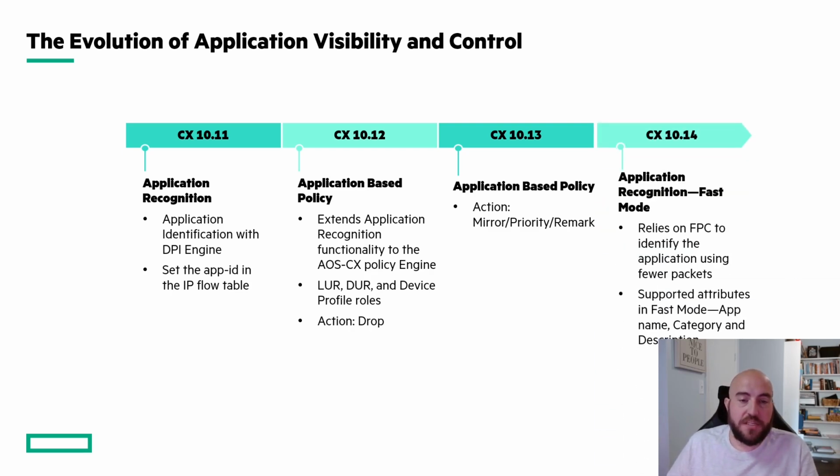And then in 10.14, we have the introduction of fast mode, which increases the number of connections per second by 25%. Which is significant, making it less resource intensive per application, but this does limit the information that's collected into the IP flows table, and it may not work as well behind a proxy.